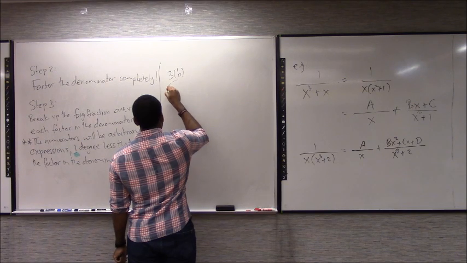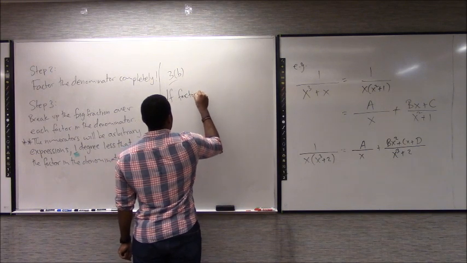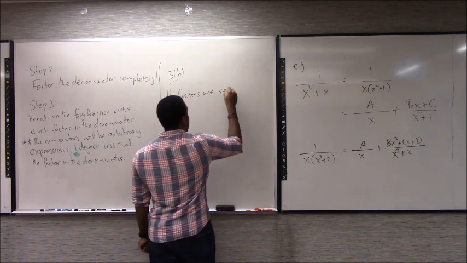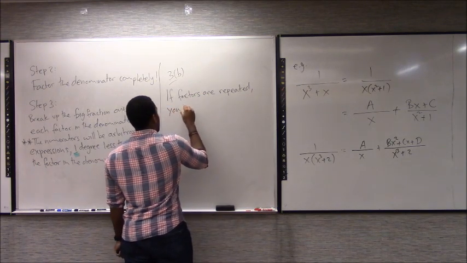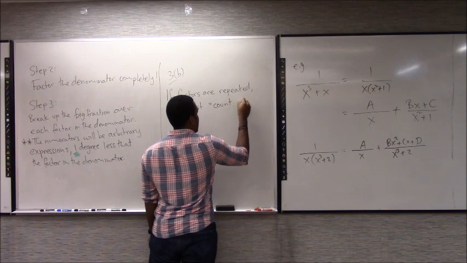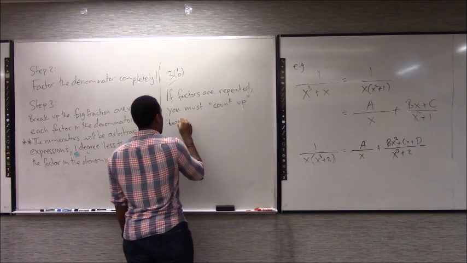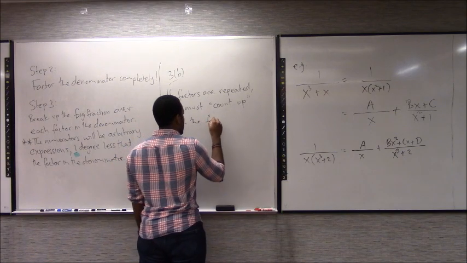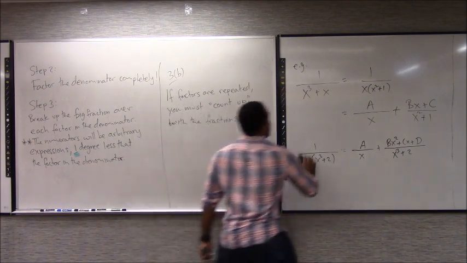One thing you want to realize, if factors are repeated, you must, this is the shortest way I can describe it in words, count up with the fractions. I'm going to show you what I mean by that.